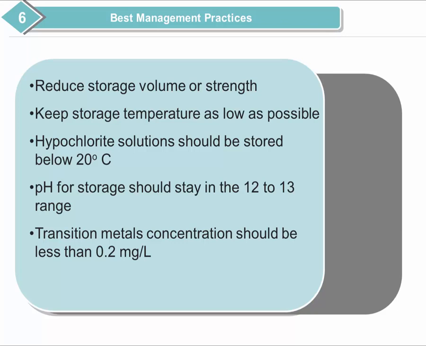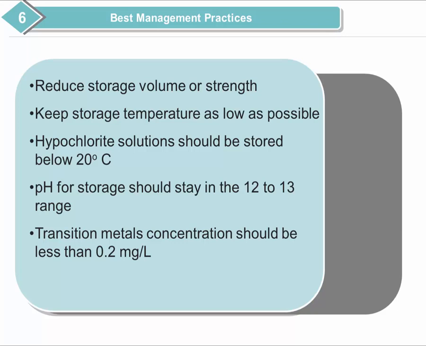Hypochlorite solutions should be stored at temperatures below 20 degrees Celsius, so don't expose them to sunlight. Hypochlorite solutions should be stored in diluted form to prevent chlorate formation. The pH for storage should be maintained in the 12 to 13 range if possible.